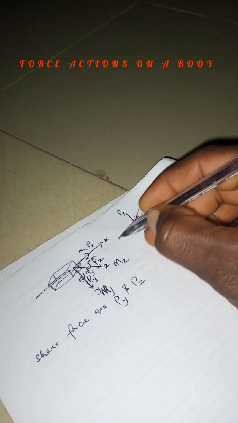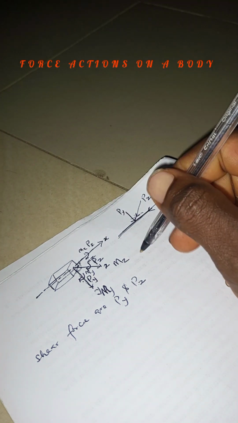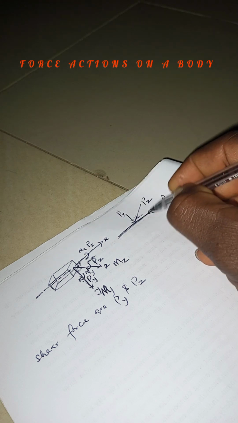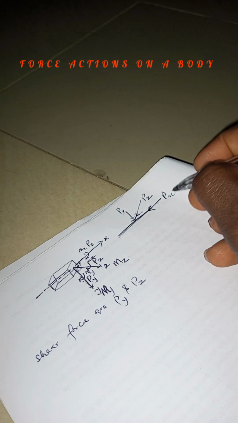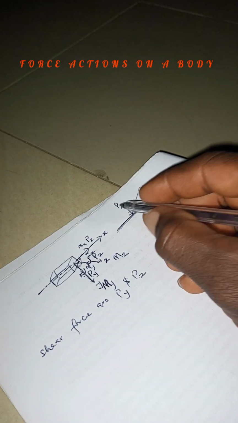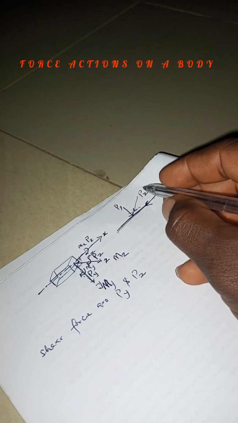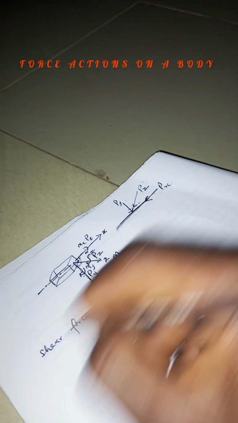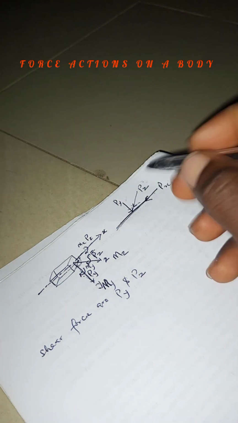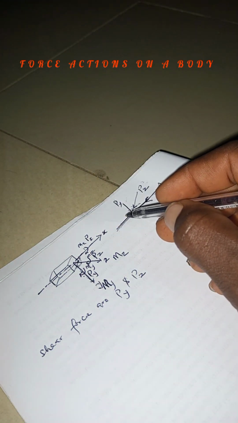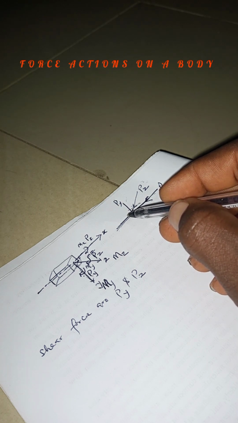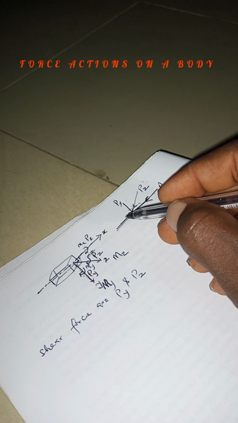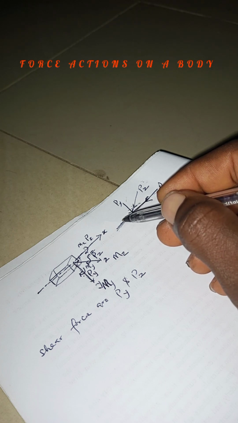This is acting normal to this structural element axis. But this is acting along or parallel to the element axis. That is this Px. So we refer to this and this as the shear forces, because they are acting normal to the element axis.